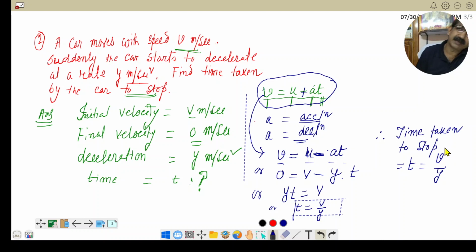It may be 3 meter per second, it may be 6 meter per second, it may be 5 kilometer per hour, or anything else. This is an algebraic expression, and you may take any value of the variable or the quantity and solve the problem. So this is the answer.